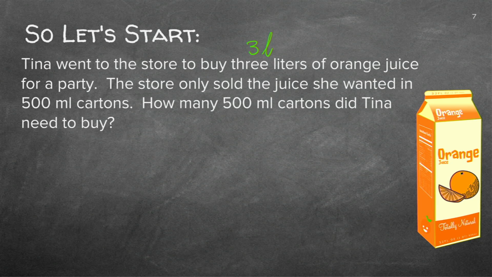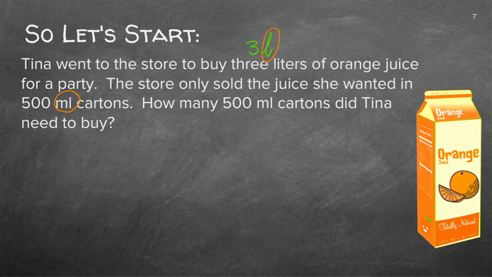The store only sold the juice she wanted in 500 milliliter cartons. There's a problem again. Remember, it's word problems. We see problems all the time. And you solve the problems at home. So here I've got the problem. I've got liter and milliliter.